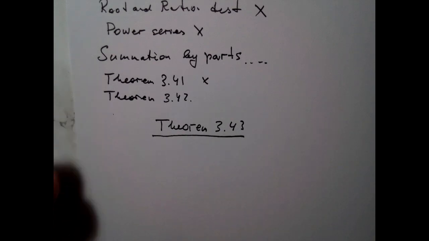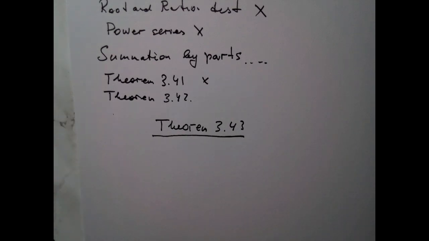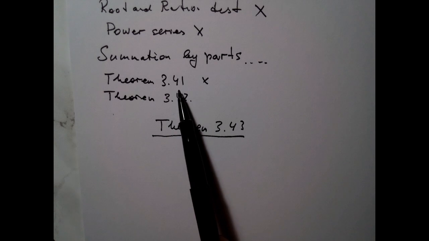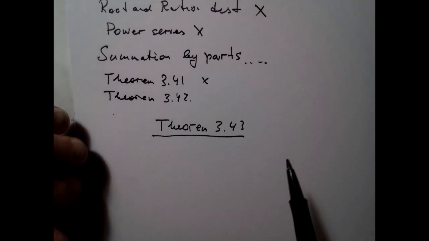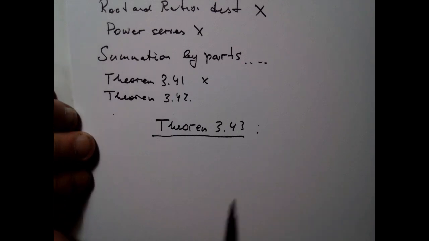And Rudin proves theorem 3.43 using theorem 3.42. So since I skipped theorem 3.42, I am going to prove theorem 3.43 my own way. If you want to follow Rudin, you will need the theorem 3.41 and 3.42 to prove the theorem 3.43, or you can just prove this theorem directly.